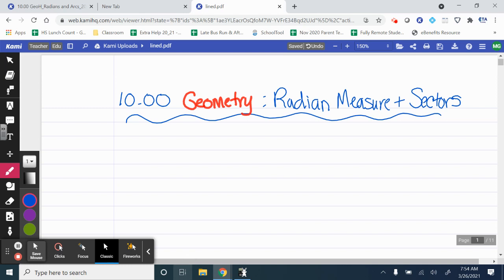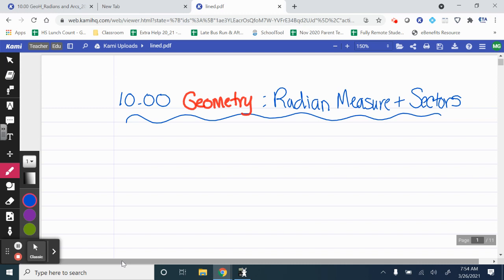Just like when you measure the temperature, you can measure it in Fahrenheit or degrees, you can measure an angle in radians or degrees. And just like you can measure something in inches or centimeters, we can measure it in radians or degrees. You're going to talk a lot more about radians next year, so this is really just an introduction.